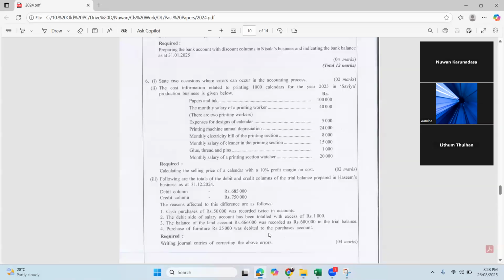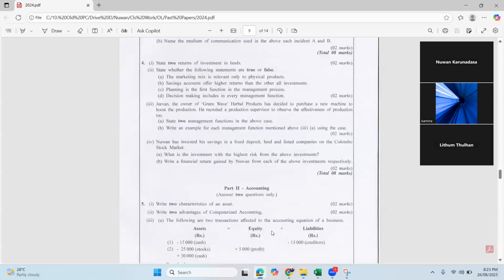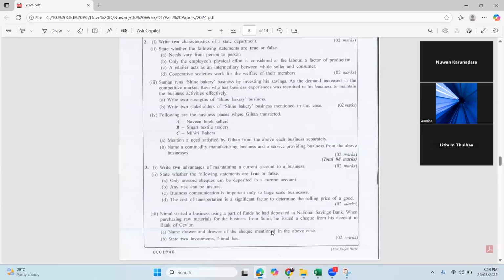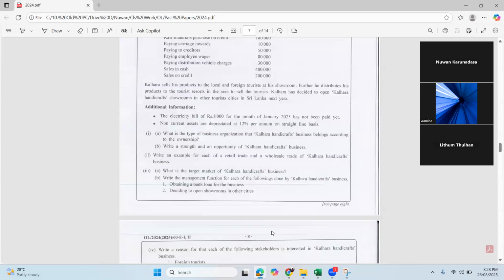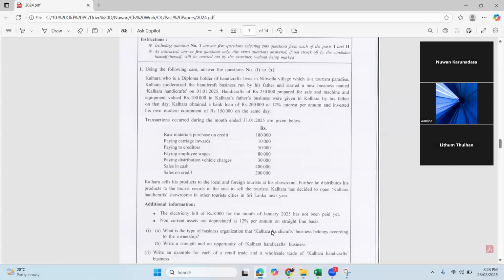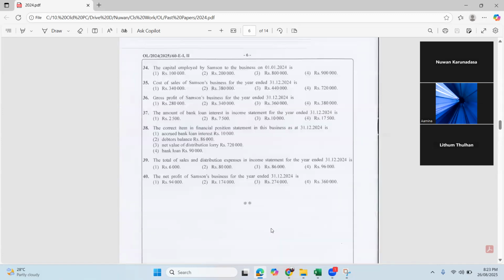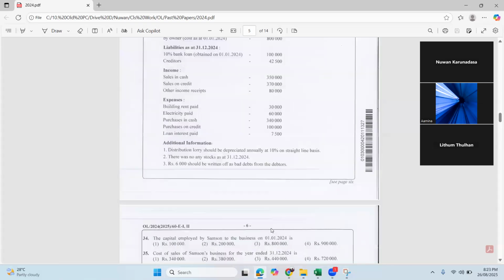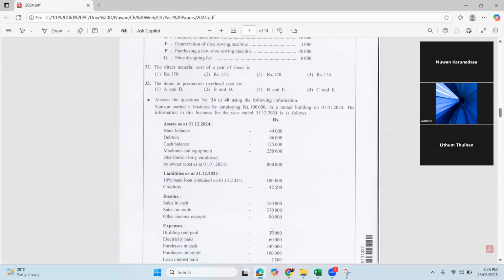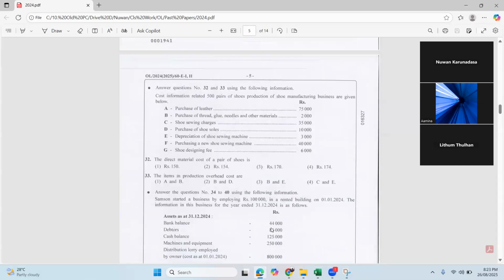So we'll see one more question. The same paper, question numbers 31, 32, and 33.